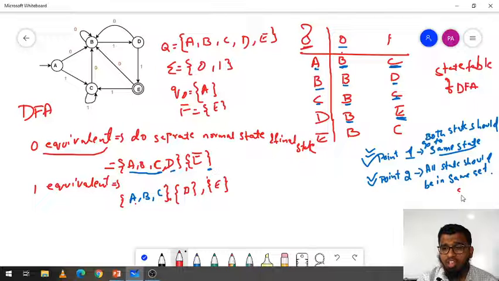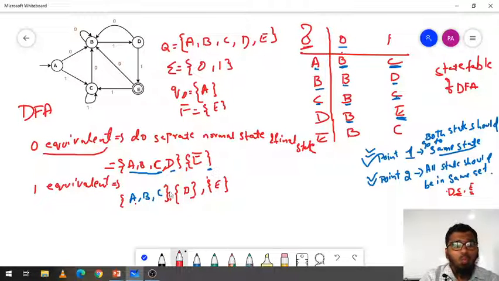We got C comma E. C is in different set, E is in different set, as well as D, A, B, C, D. So these are in different set. Because of that, we remove this D from the one equivalence because D is not a equivalent set. Okay, fine. So this is we got. Now we need to go to the second equivalent.